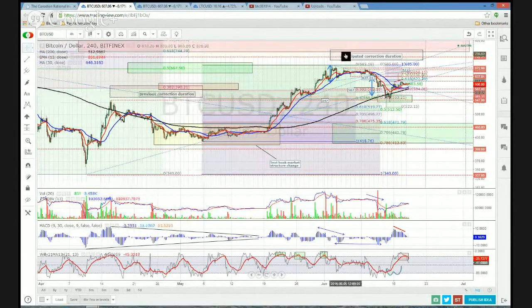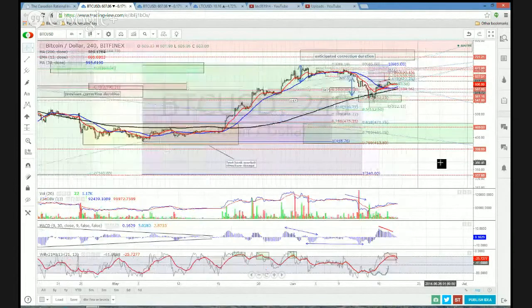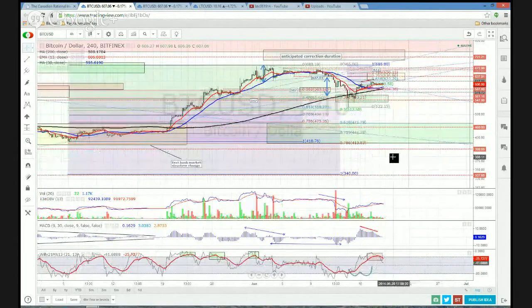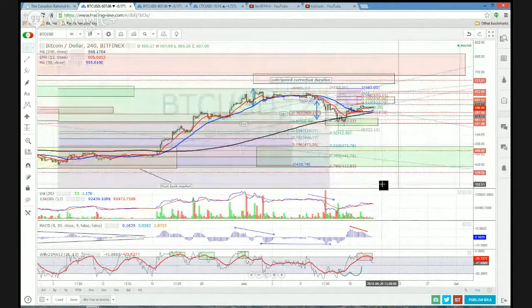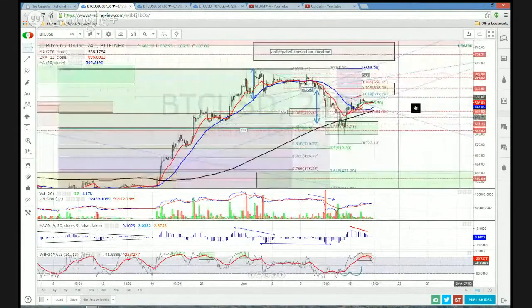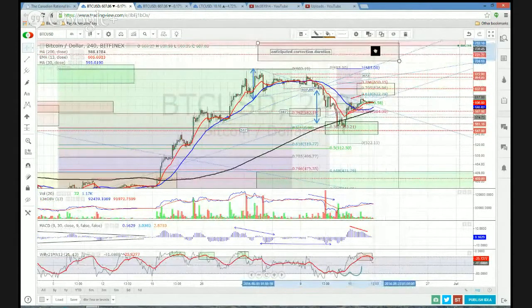So I just cloned that and put that correction duration window box off of the most recent highs. What I thought was interesting was that we have this big FBI Silk Road auction coming up, and it just so happens to coincide. The end of this correction duration window box lines up with June 22nd.